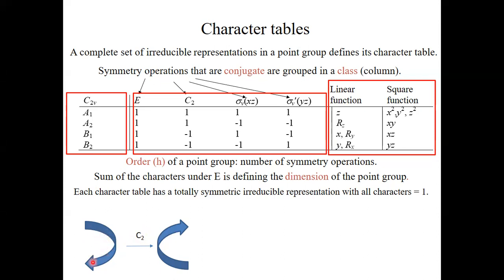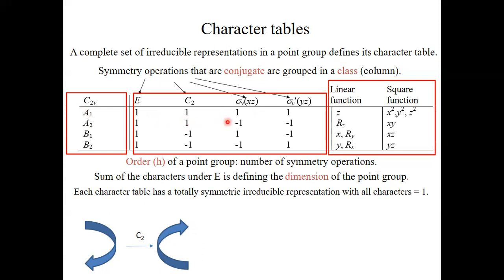As we rotate this vector by 180 degrees, it moves to the left side, but we see it still rotates clockwise. That means the direction of the vector isn't changed, and therefore the associated character in the respective irreducible representation needs to be +1.